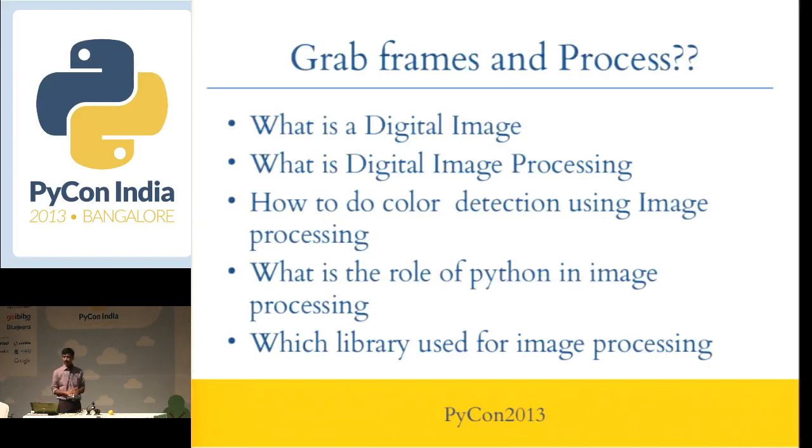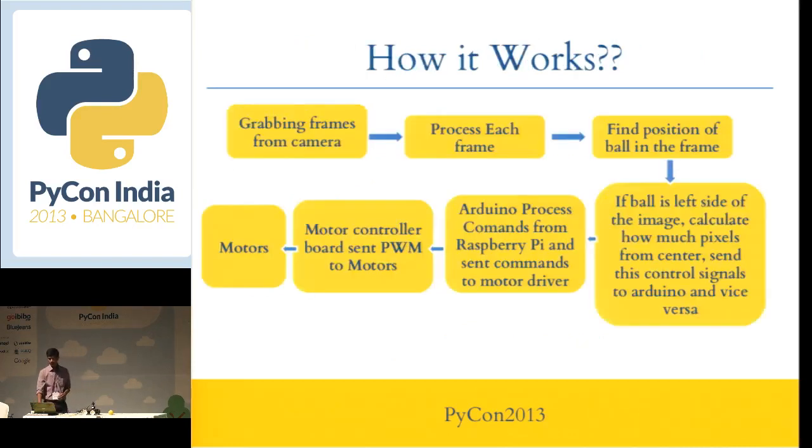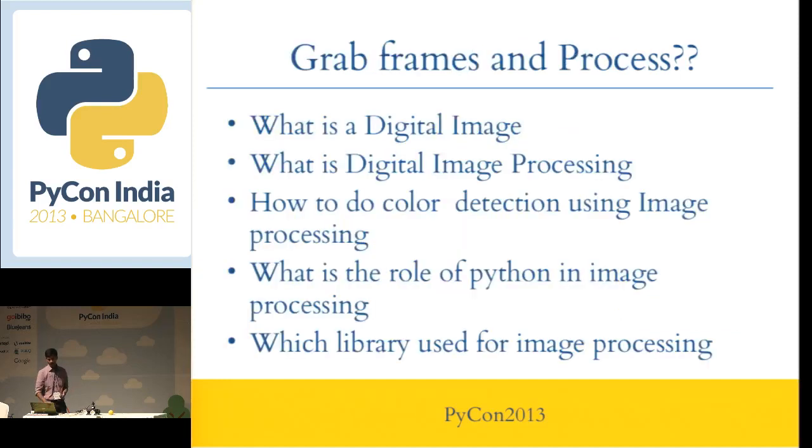In the previous slide I mentioned grabbing frames from the camera and processing each frame. So what is processing of a frame, or what is digital image processing? I am just giving an introduction to what a digital image is, what digital image processing is, and what library I use for processing. A digital image is a representation of a visual image in terms of bits.